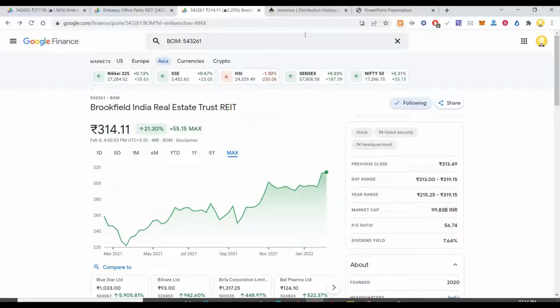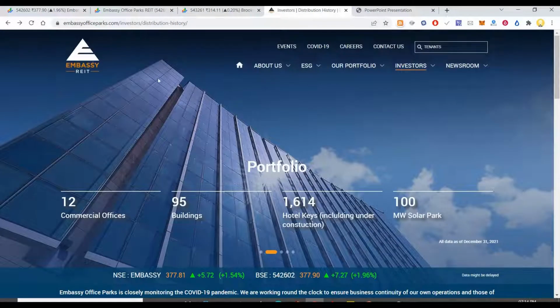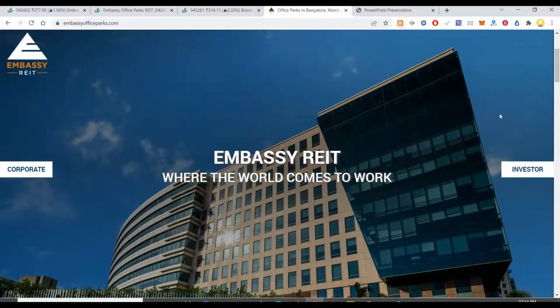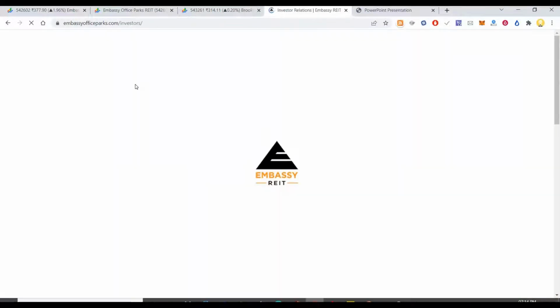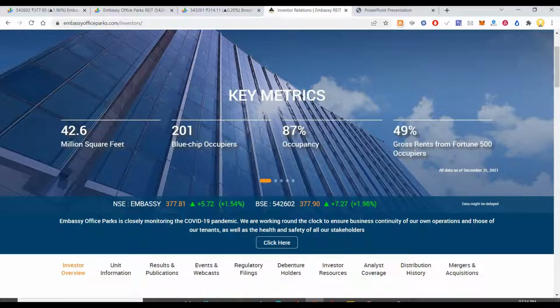Now those parameters you need to check on the website. Most of these REITs have their own websites where they display this data to the investors. I'm taking only one example, that is Embassy REIT. If you come here, you can see the occupancy. Around 87% is occupied, out of 100% of their buildings.